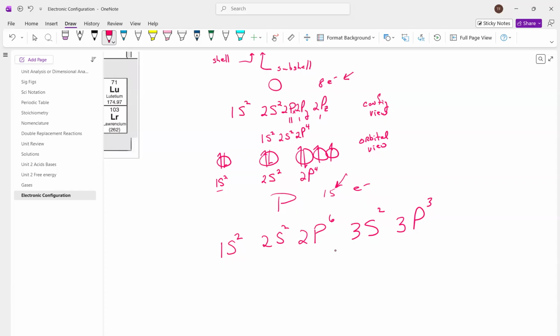It's always an S, and then next comes P, after that comes D, and then F, when we get to something like uranium. So does it stay at 3 subshells or does it continue? Well, it depends where we're going here. All right, so that's the electronic configuration.